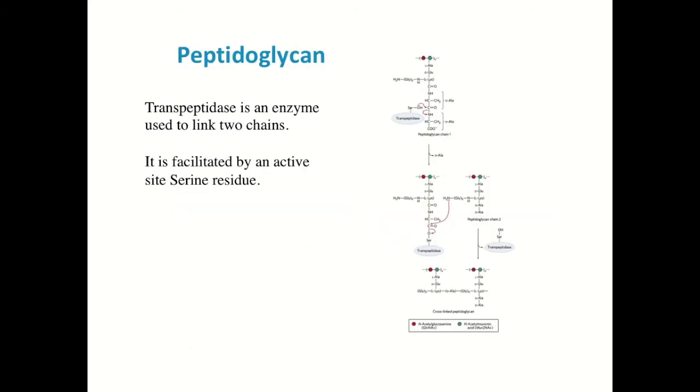The biosynthesis of peptidoglycan involves an enzyme called transpeptidase, which links two chains together, and it's facilitated by a serine residue. So here's the transpeptidase, and it is facilitating linking the two chains together to form a cross-linked peptidoglycan.